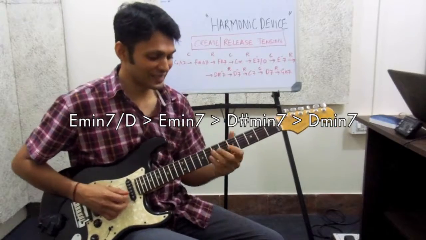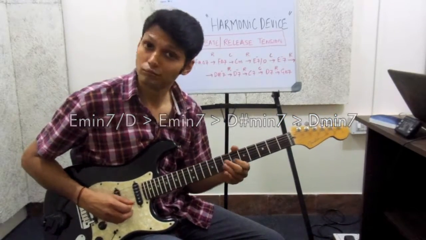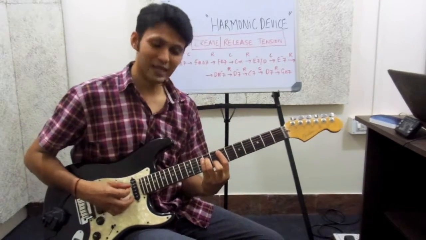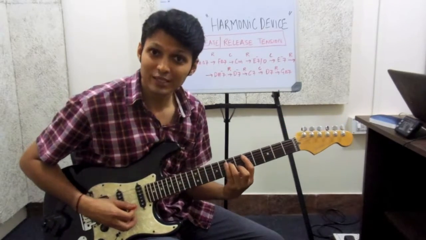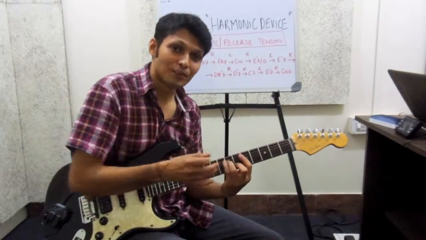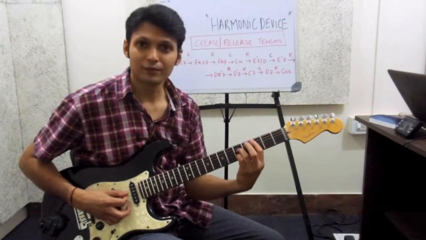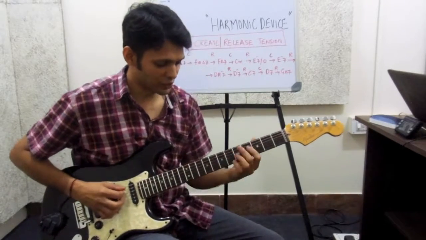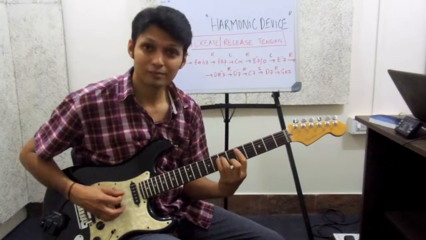Now you can clearly see that this jump from E to G is getting released from E minor 7 to D sharp minor 7 to D minor 7. It's clearly getting released. Let's take the penultimate chord, which is C7. That's continuing the release, I would say. Let's hear it in context.